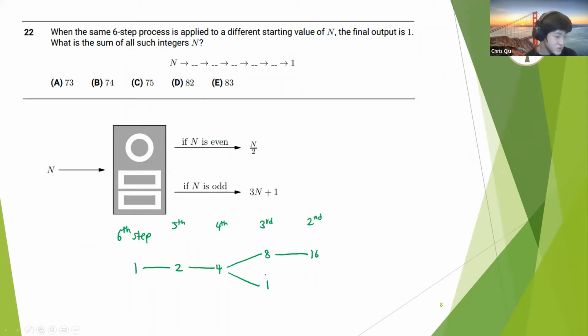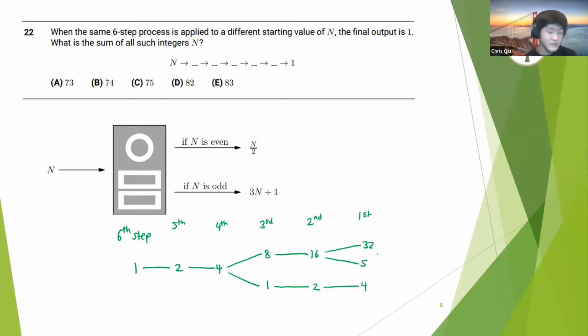And since we already showed that if you got 1 on the 3rd step, you must have a 2 on the 2nd step, we've basically seen this already. And our 1st step output must have been either 32 or 5, if on the 2nd step our output was 16.